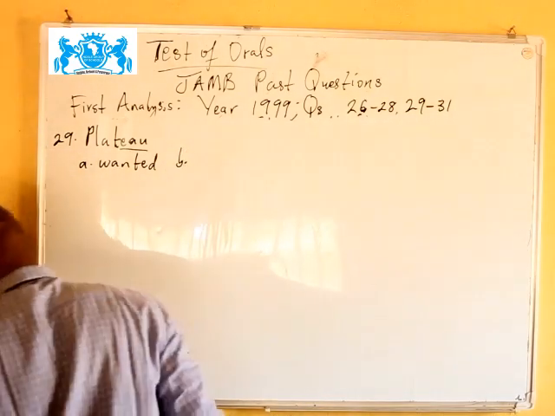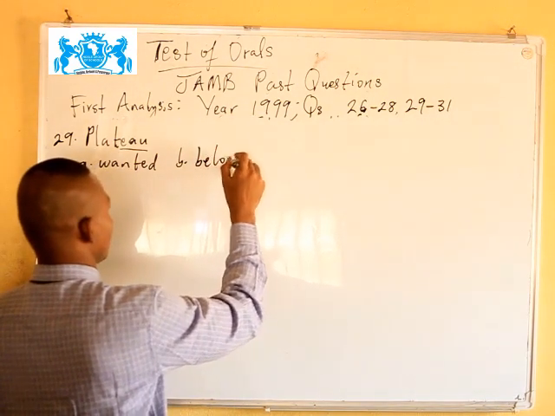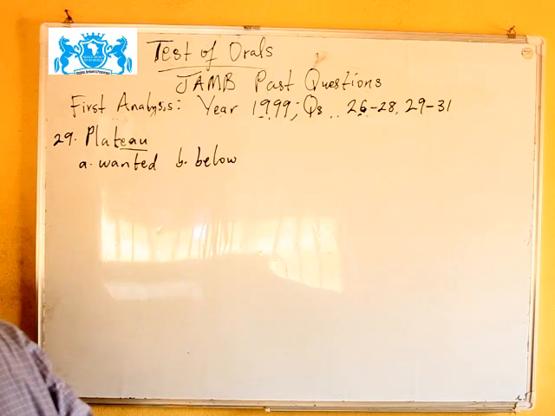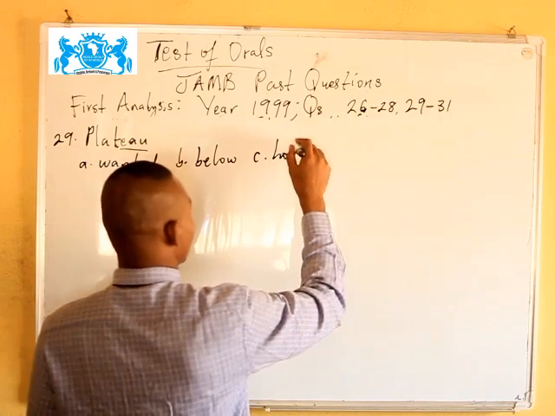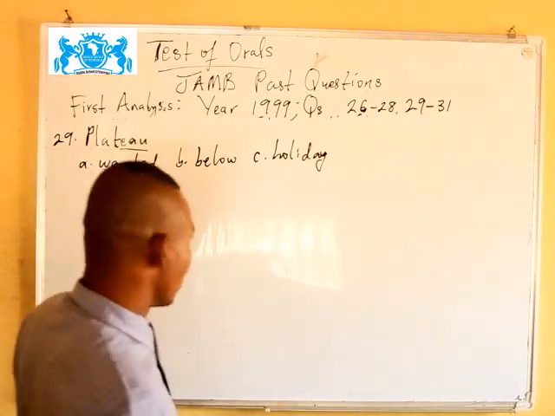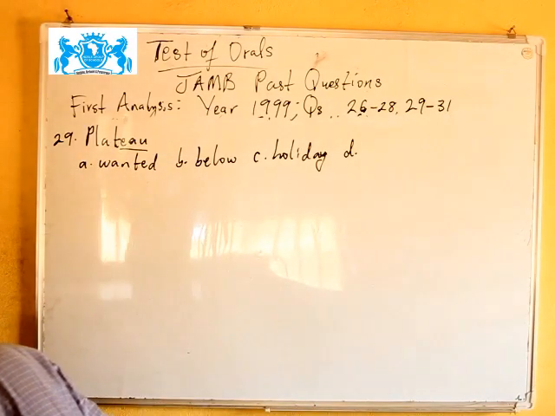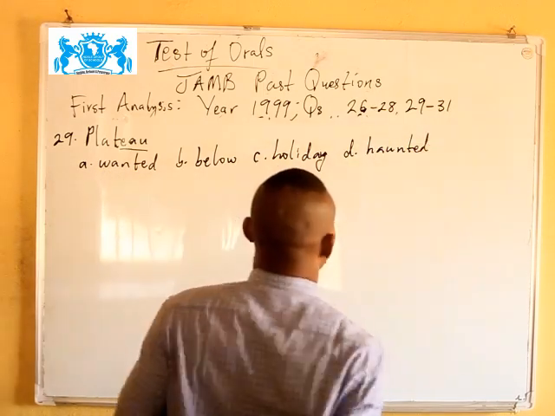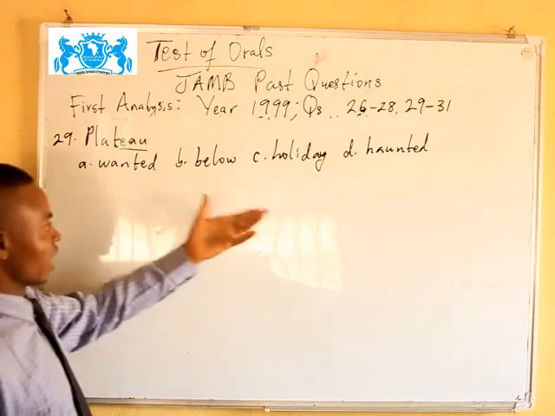In B we have B-E-L-O-W. C, we have H-O-L-I-D-A-Y. And D, we have H-A-U-N-T-E-D. Okay, we're going to pronounce so as to get the answer before we analyze.